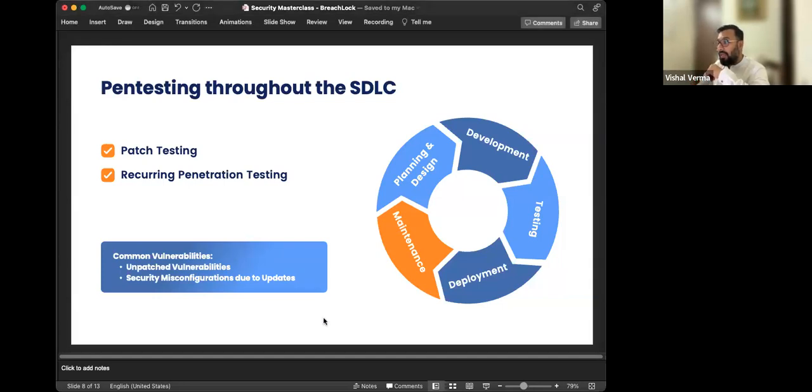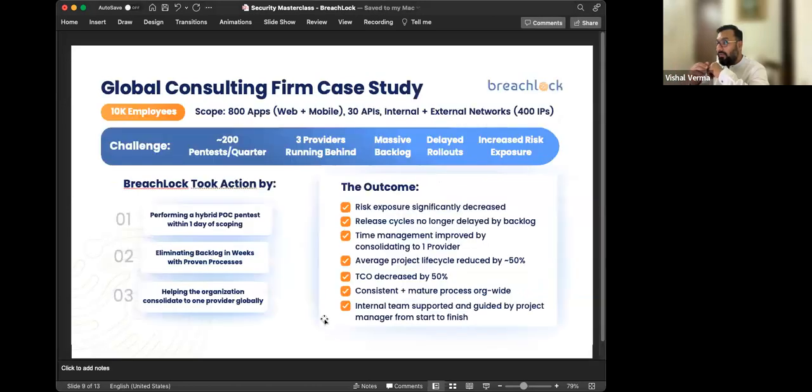So that's primarily about the SDLC and the pen testing, or the security requirements, throughout the SDLC lifecycle. Moving forward, just a case study wherein BreachLock worked as a partner with one of the leading consulting firms in the world, and they were in a very similar situation, having a huge backlog of applications to be released into production.